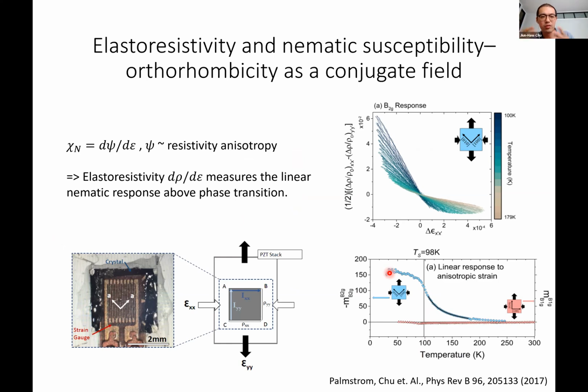I think this degree of agreement says that, first of all, the resistivity is a really good representation of the order parameter, and also that this mean field theory works extremely well for one reason or another that I don't understand.